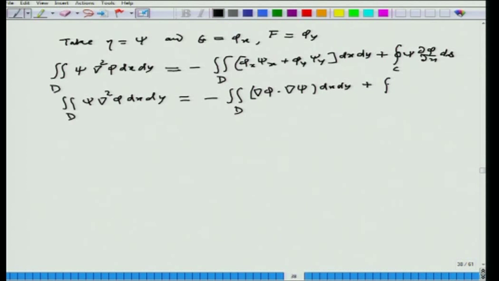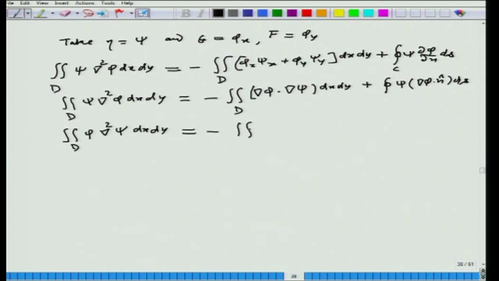And here, obviously, we know that this is gradient of phi dot n cap ds. So, this is in vector form. If we interchange phi and psi, we get phi del square psi dx dy.